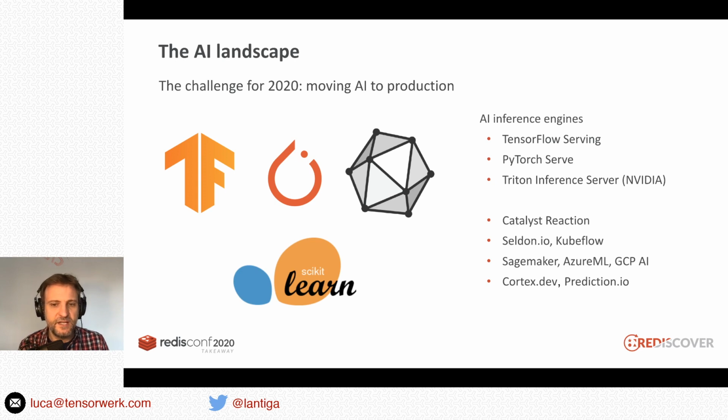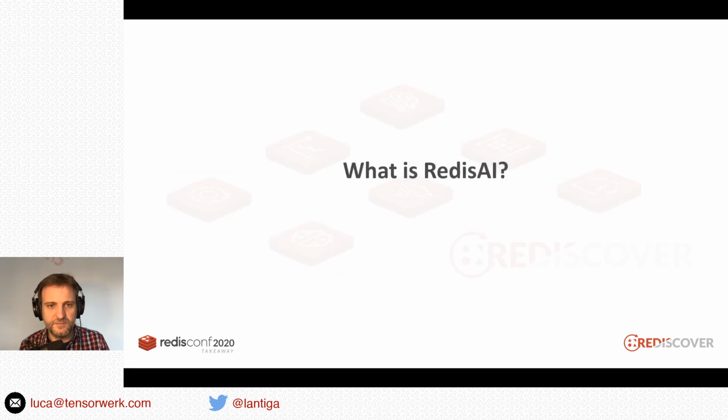Cloud providers are starting to offer their own serving solutions like SageMaker, Azure ML, and GCP AI. And there are other frameworks that eventually act as intermediaries between a cloud offering and the data scientist, to try to streamline this process as much as possible.